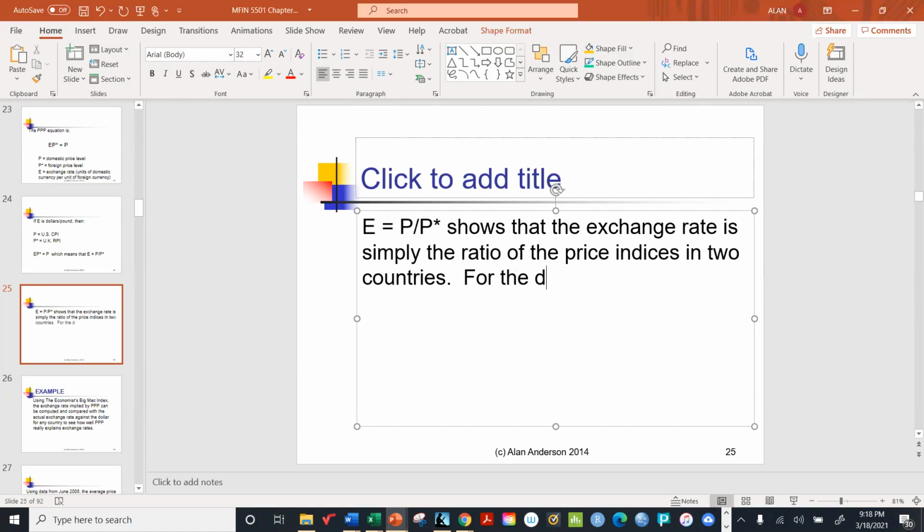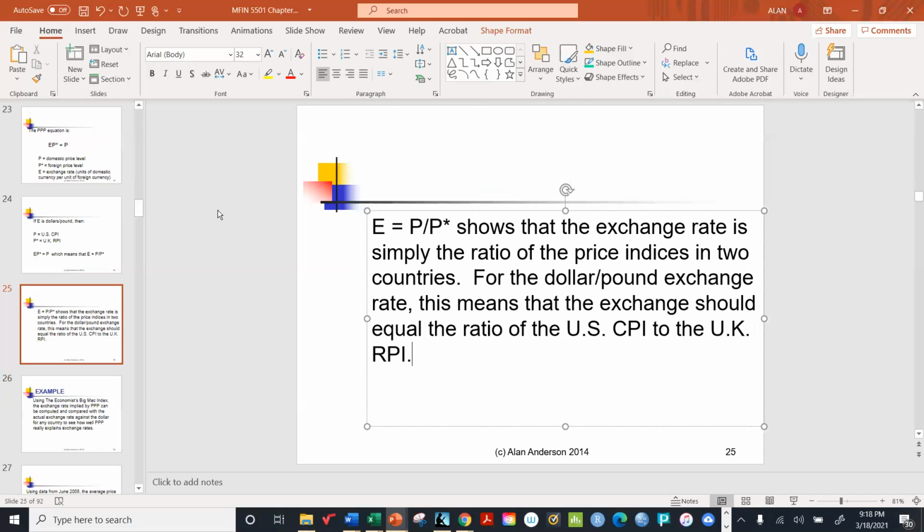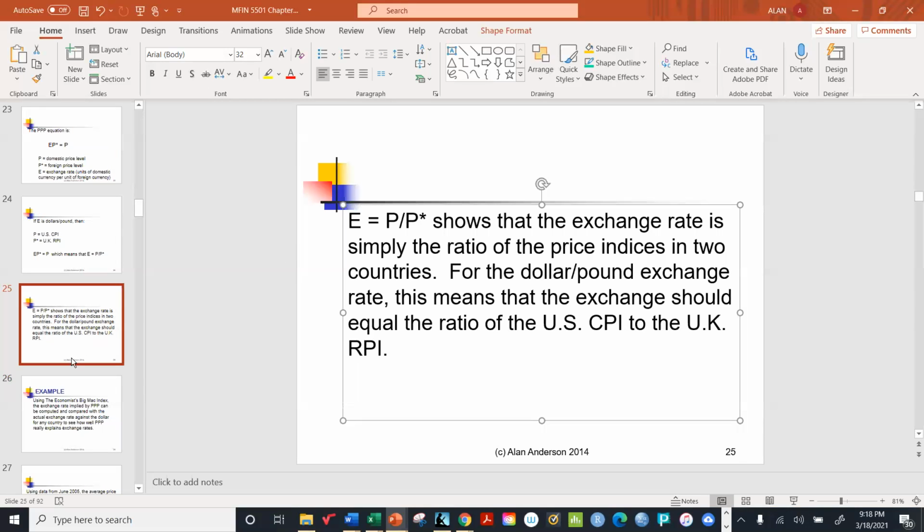For the dollar pound exchange rate, this means that the exchange rate should equal the ratio of the US CPI to the UK RPI, according to this theory.